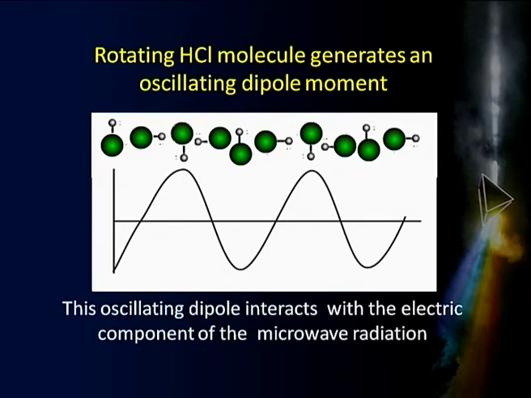So, we have radiation coming in, and a molecule which is tumbling, generating an oscillating dipole, while the radiation comes with an oscillatory electrical field component. The two will interact. So, the dipole moment provides a mechanism for this interaction to take place, and in such cases only will we get the rotational spectrum, whereas if I take a homonuclear molecule, no spectrum will be observed.